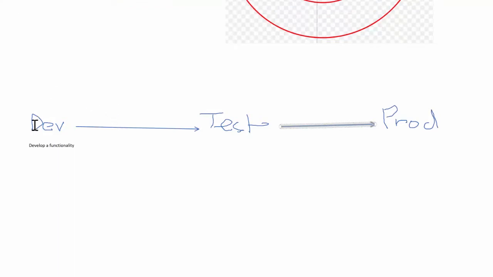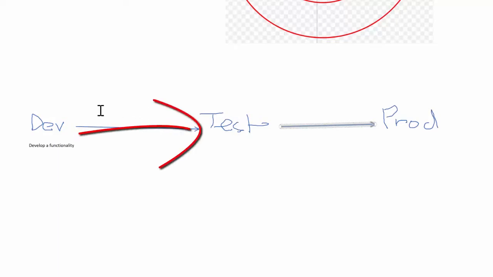So if we have our environments dev and test and prod, the developers here develop their functionality and then they move the code through some kind of an automated system, or whether it's manual at your guys' institution, which sucks, but it should be in automated fashion.